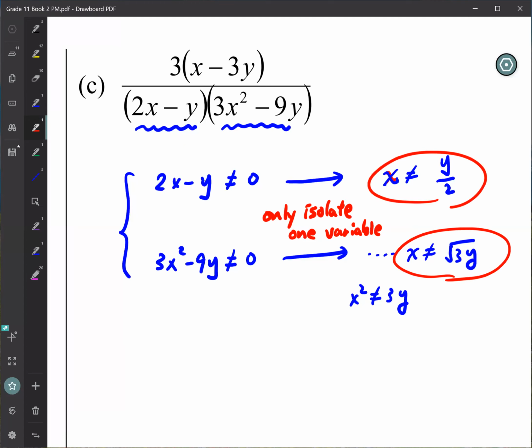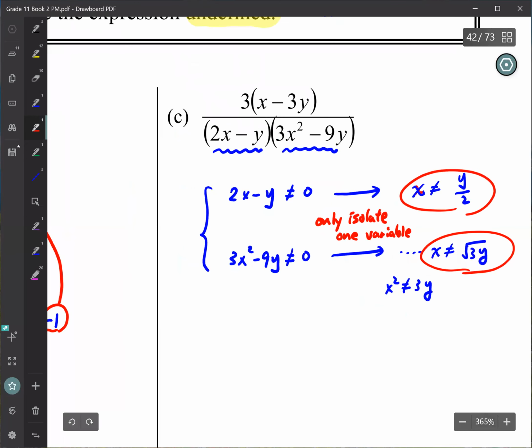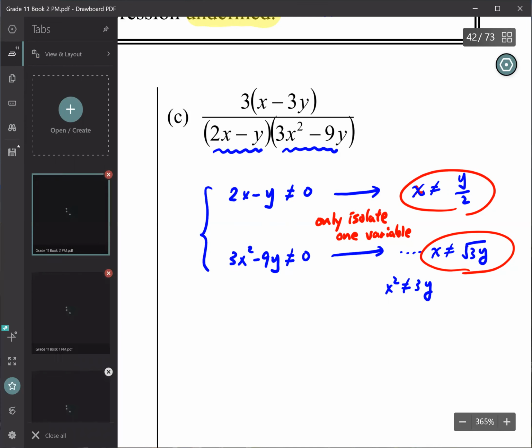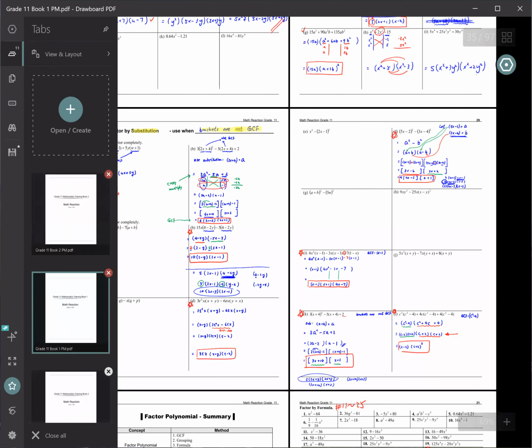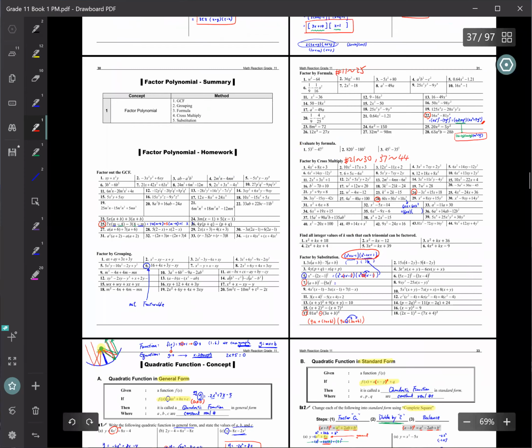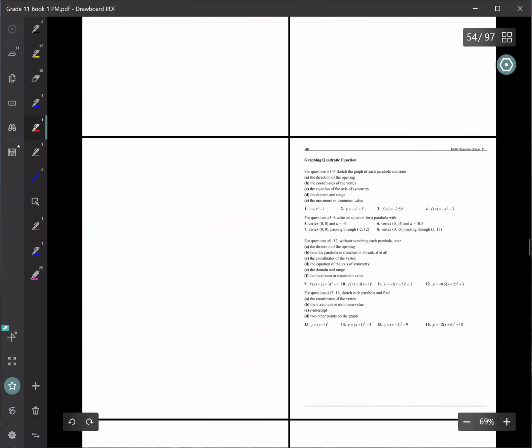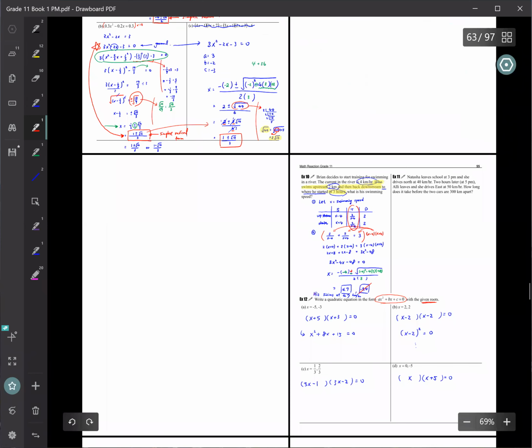Okay, everybody remember, when you square root a square, it's in book 1. Let me quickly pull it up. It's very important, because you guys know this. Book 1, quadratic equations, right after functions.